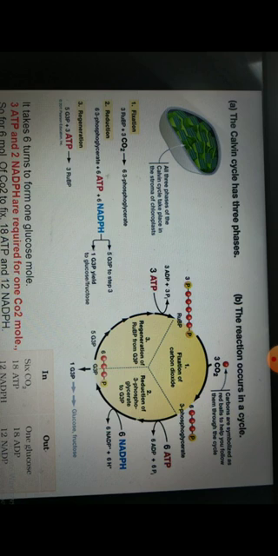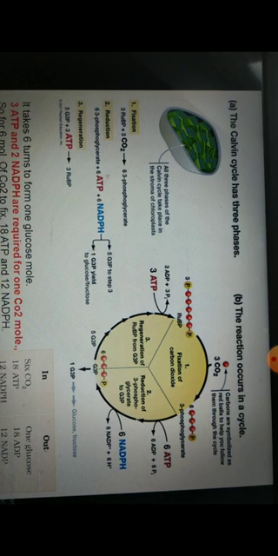Now what you are seeing here is the first step, fixation of carbon dioxide. 3 carbon dioxide molecules are accepted by 3 RuBP, ribulose 1,5-bisphosphate molecules, to form 6 molecules of 3-phosphoglycerate. Now these 3-phosphoglycerate molecules accept 6 ATP molecules and 6 NADPH2 molecules.